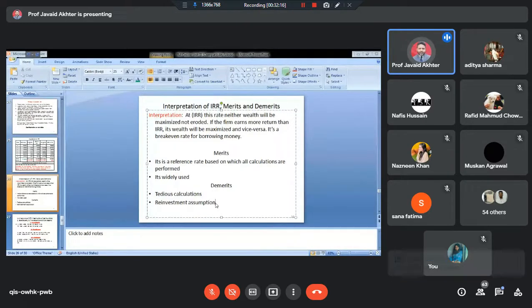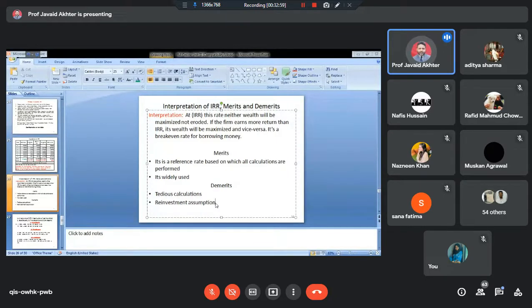It will guide you to arrive at the correct explanation of the reinvestment assumption.